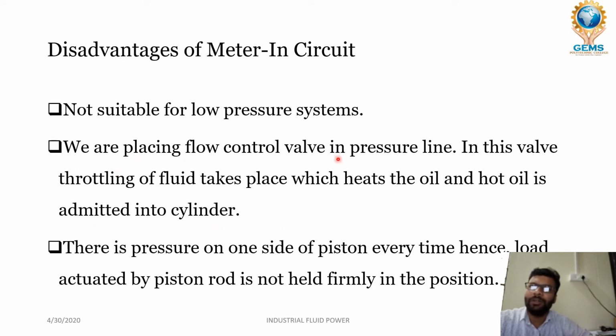In this metering circuit, the flow control valve is kept in front of the actuator, so that the flow control will resist and the pressure will increase. At the same time, there is a small throttling, so that heat will be produced.